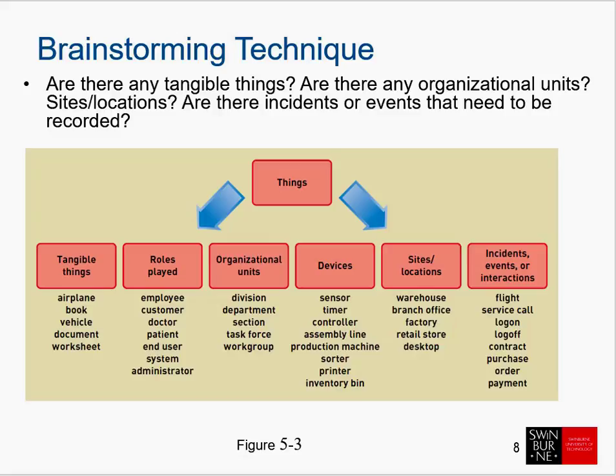A sale, a shipment, and a return are all important incidents for our Ridgeline Mountain Outfitters case organization. Sometimes these incidents are thought of as an association between other things. For example, a sale is an association between the customer and the item of inventory.